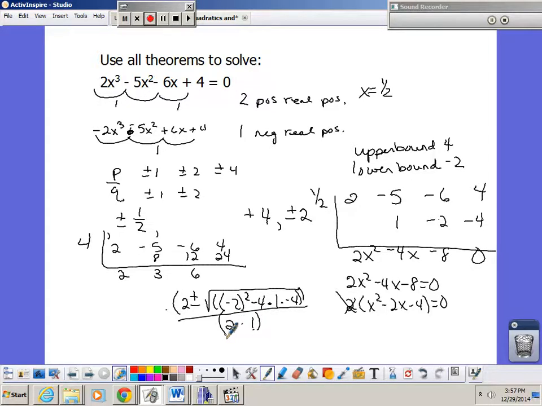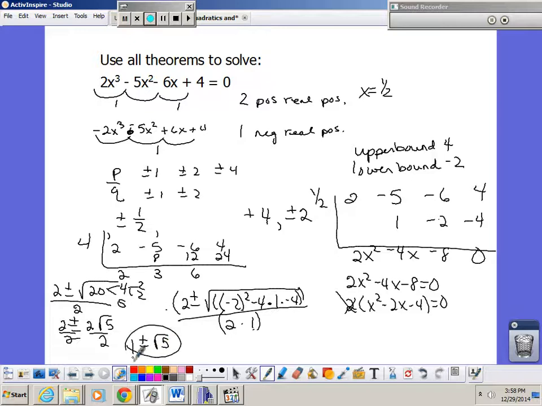I could use the other portion, and the quadratic equation would get the original 2x squared minus 4x minus 8, and the original would come out the same way. So 2 plus or minus the square root of 4 plus 16, 20, over 2. So 2 plus or minus 2 square root of 5, both over 2. So 1 plus or minus the square root of 5.